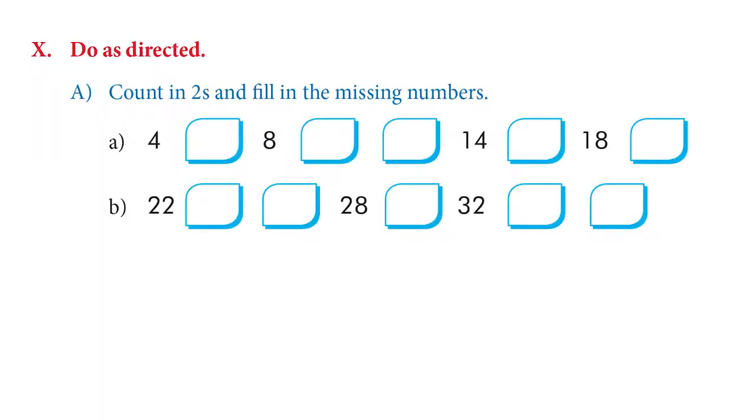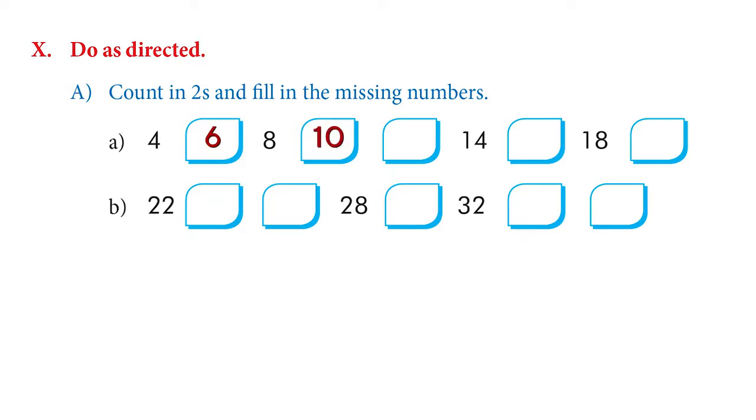All right, let us move on. There are, in page number 45, you have to fill in the missing numbers, but this time they are the even numbers, then the numbers counting 3s and then numbers counting 5s. So, after 4, the even numbers: 4, 6, 8, 10, right.